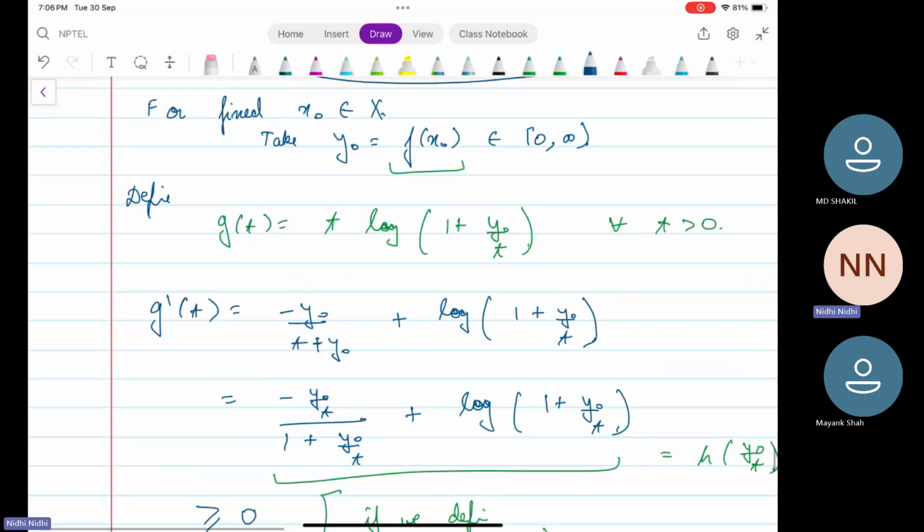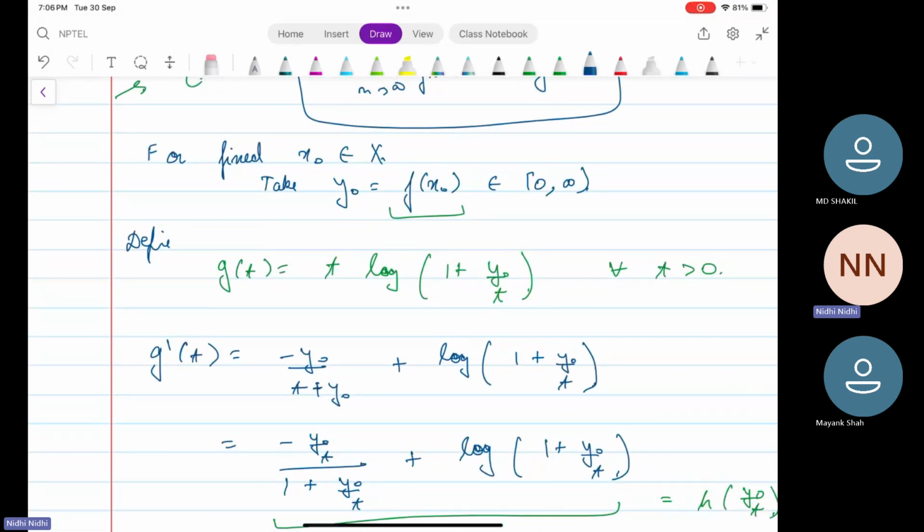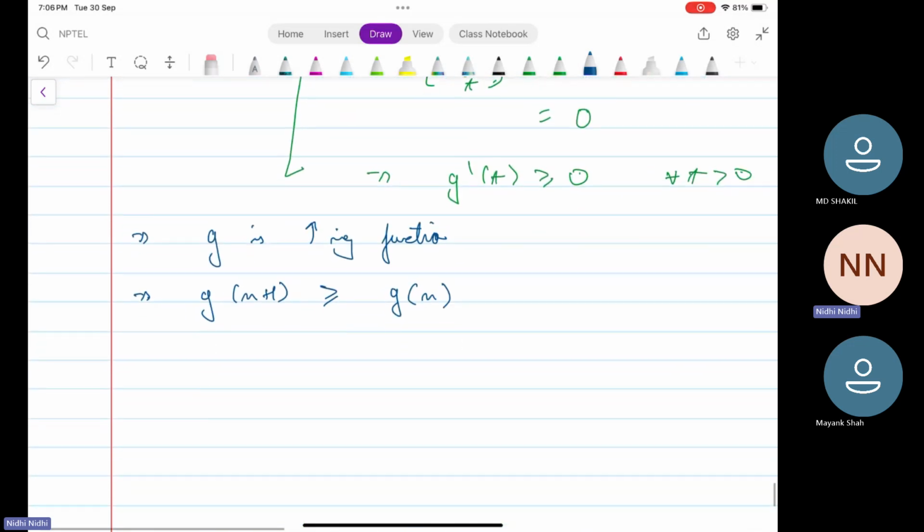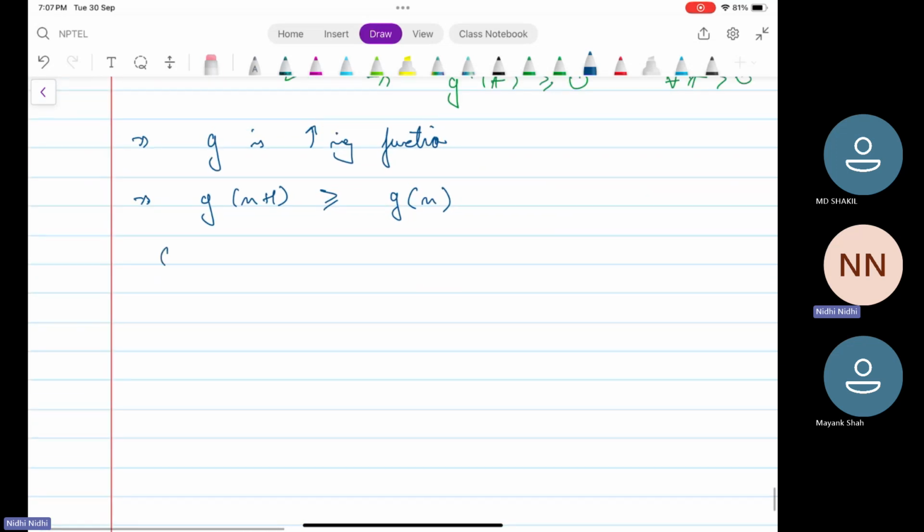Now see, if we replace t by n, we'll eventually get the sequence of functions that we started with. So this will be n plus 1 times log of 1 plus y naught upon n plus 1, which will be greater than or equal to n log of 1 plus y naught upon n.